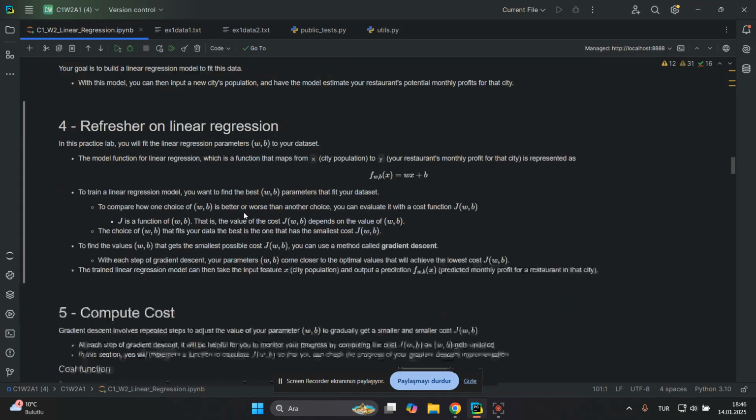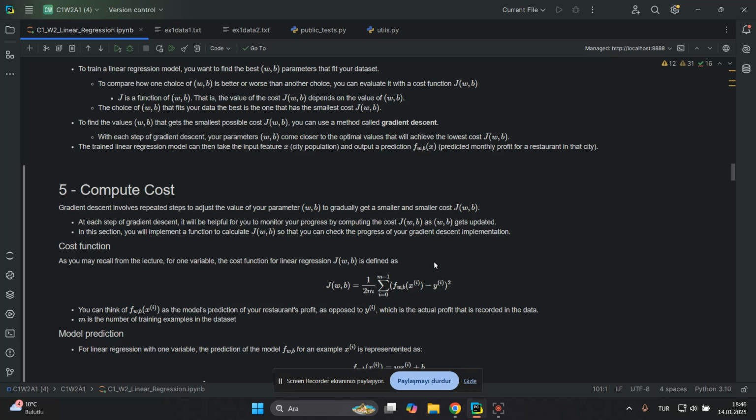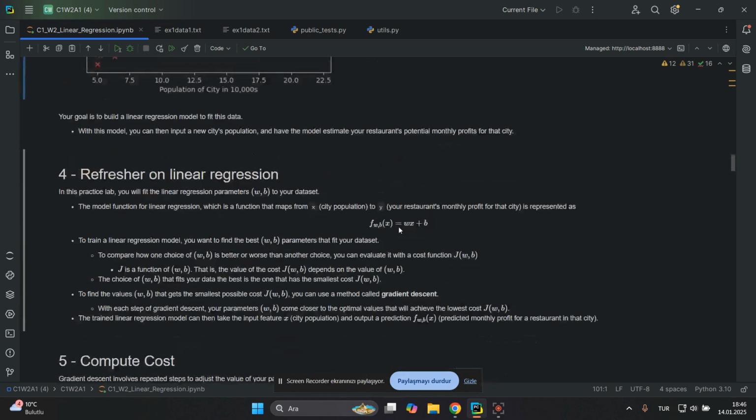The model function for linear regression, which is a function that maps from x to y, where x is the city population and y is the restaurant's monthly profit for each city, is f_wb(x) = w times x plus b. Train a linear regression model. You want to find the best w, b parameters that fit your data.